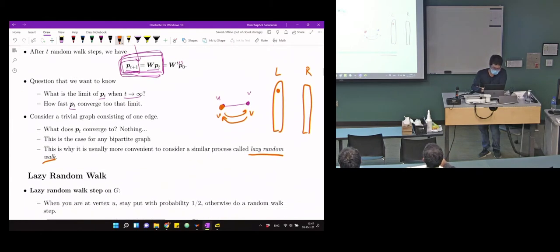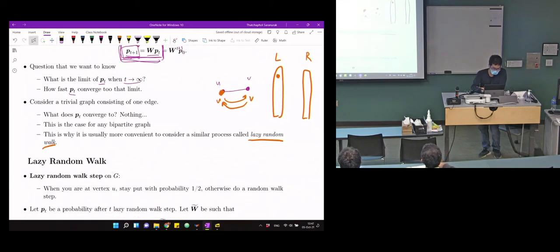It's very similar to random walk, but a lazy random walk step is just when you are at vertex U, you toss a coin, and with probability half, you just stay put at U. Otherwise, you do a random walk step. Okay, so that's the process.